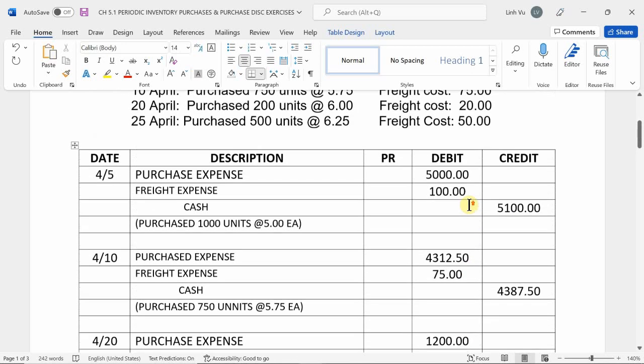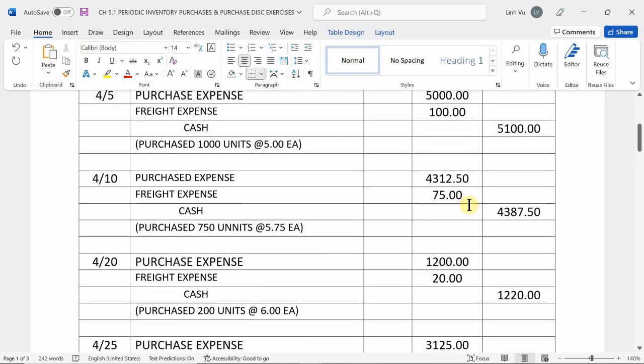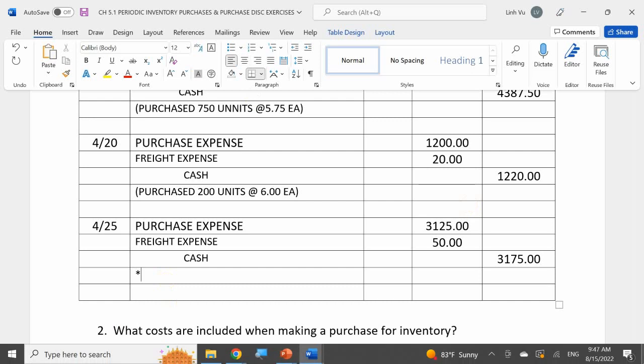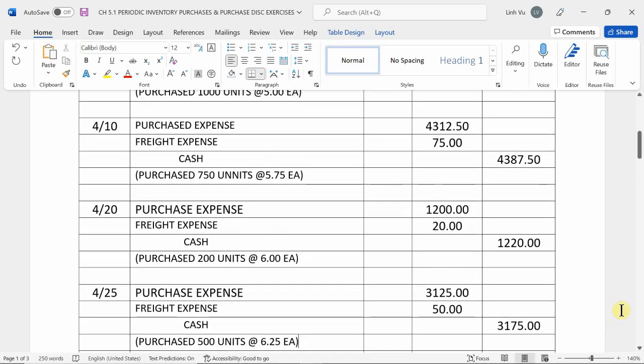And then my freight cost was $50. So how much total cash am I going to be spending? $3,175. Good. And then last thing here is that I purchased 500 units at $6.25 each.